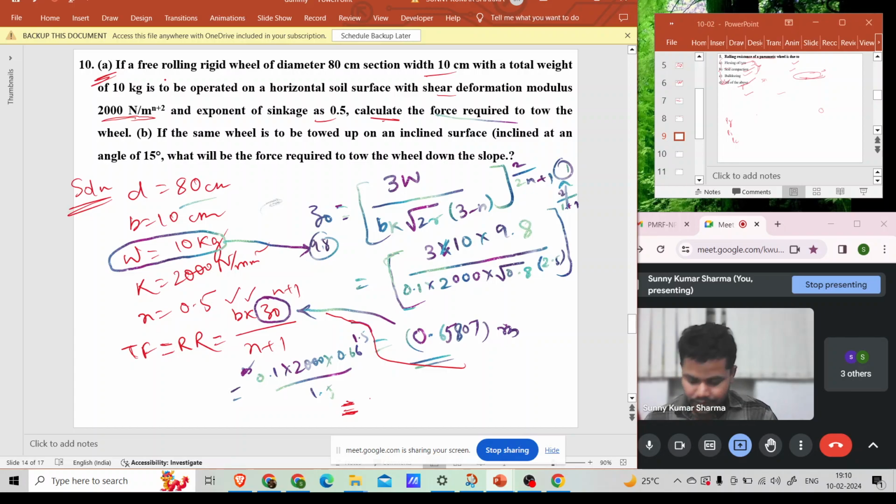Wait, I made a mistake. This is coming 71. You are seeing it, 71.5. If this is correct, then 71.5 Newton is the force required to tow the wheel. I got it, 71.498. Okay.